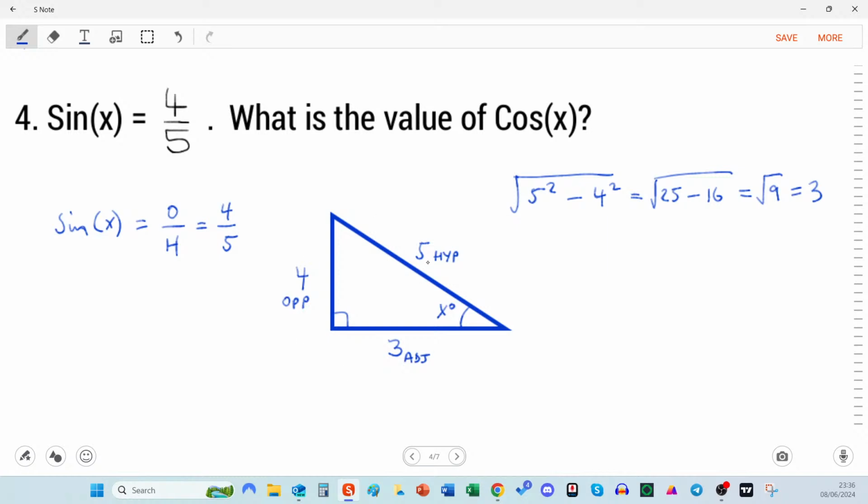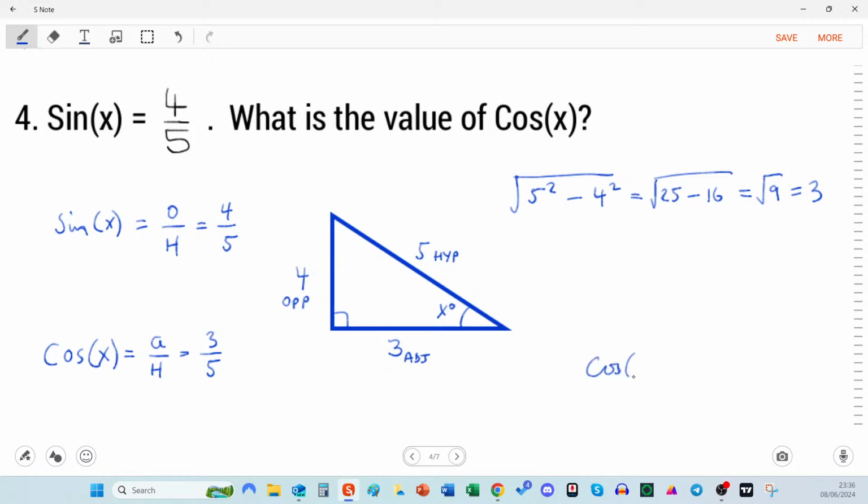We've now fully completed the information on this triangle. And now it's asking us what's cosine x. Well, based on this triangle, we can refocus to the cosine formula or ratio. Cosine is the adjacent over the hypotenuse, which in this case, if the x is the focus, would be 3 on top, and the hypotenuse is 5.